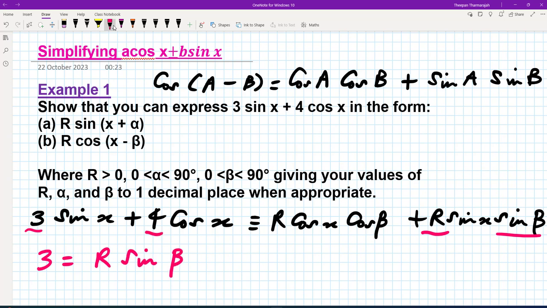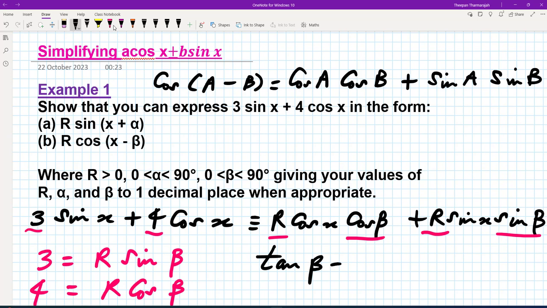And we can say the coefficient of cosine x is 4. And that's the coefficient of cosine x on the right hand side, r cos beta. So we can say that tan beta is going to be 3 over 4.